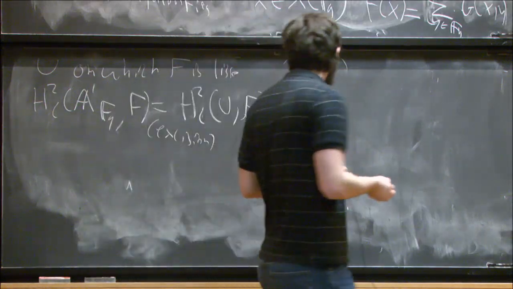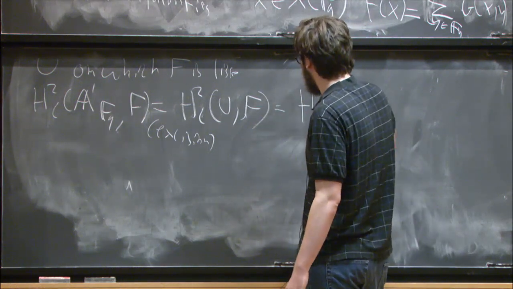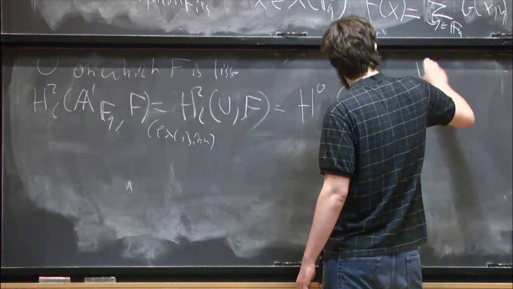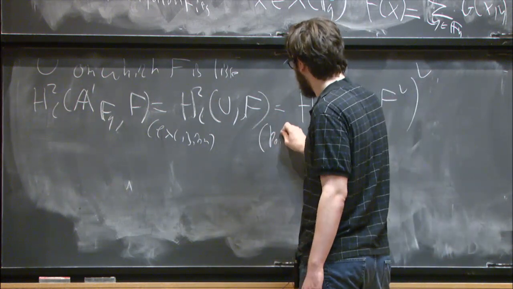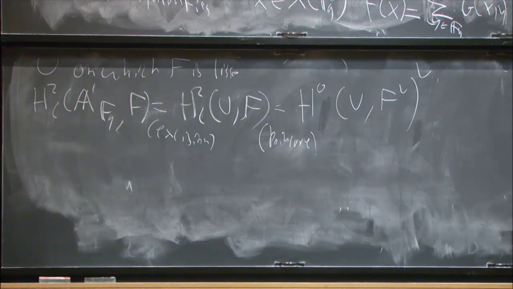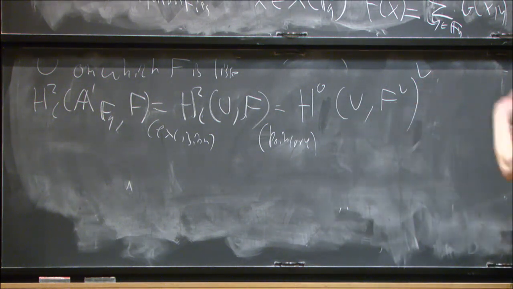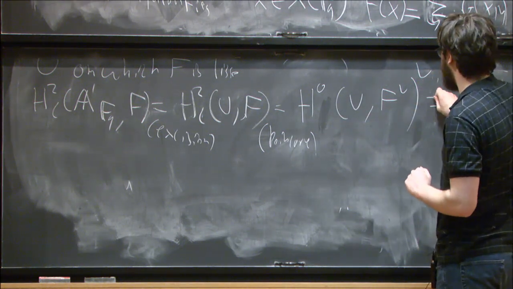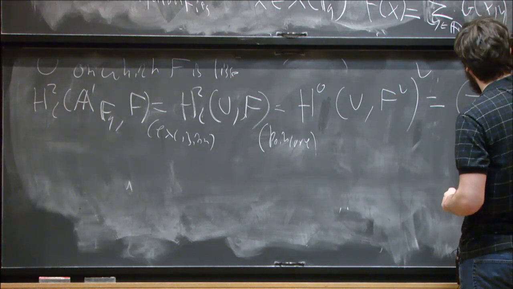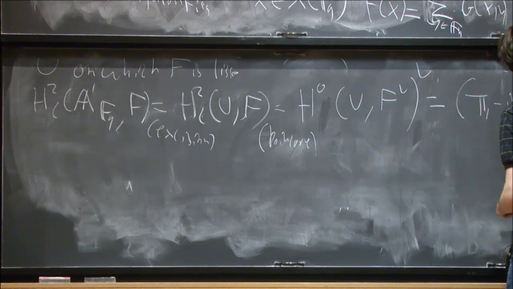And because this is a nice lisse sheaf on a nice smooth thing, I can do a Poincare duality. So this will be the first cohomology of the dual sheaf. So this is Poincare. And as usual in cohomology, H0 is not so hard. So this is a representation of pi1, and this H0 is just the pi1 invariants of f dual.